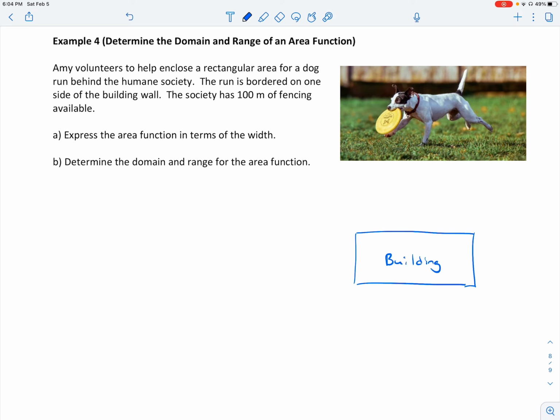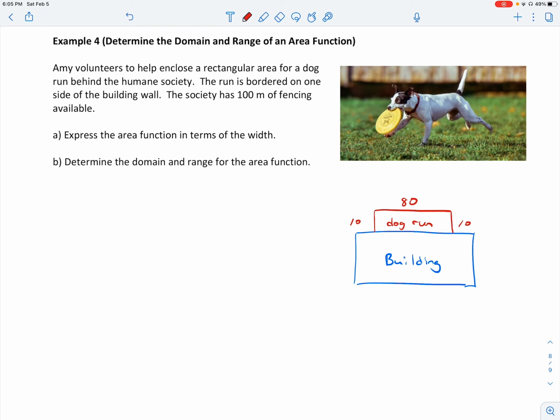Okay, and they want to build a dog run, and it's going to be bordered on one side of the building. So let's just assume the dog run is built over here. There's a total of 100 meters of fencing available to build this dog run. So that means they could do something like maybe 10 meters here, 10 meters here, and they could have the other 80 there.